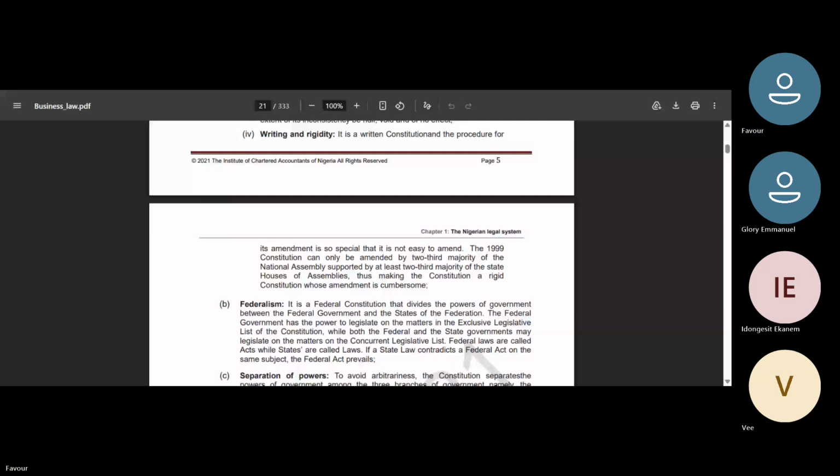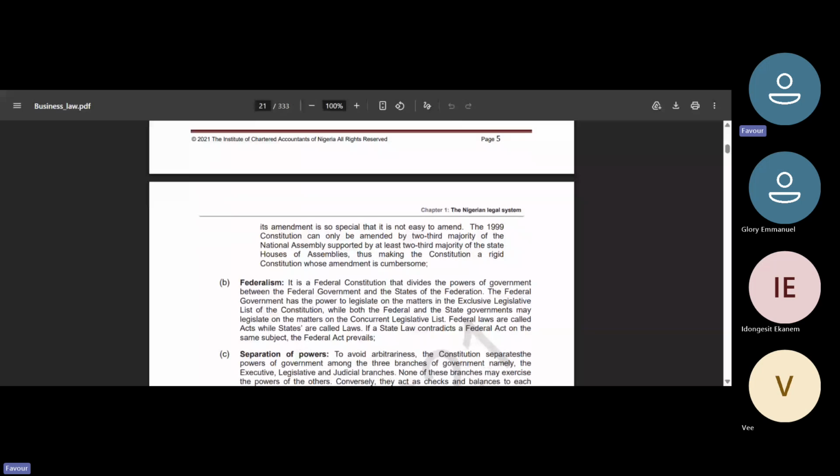Then both the federal and the state governments may legislate on matters on the concurrent legislative list. Don't know if you remember in government when we were taught the exclusive list and concurrent list, right? So only the federal government has the power to legislate on the exclusive legislative list. But the federal and the state governments both have powers to legislate on matters on the concurrent list, right?